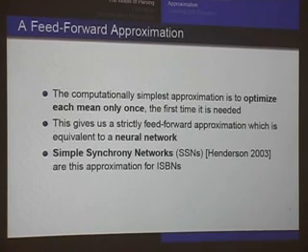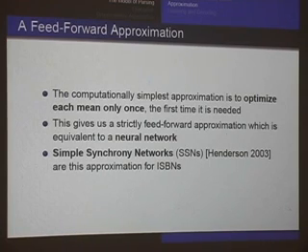Okay, so that's the mean field approach. That's also too complicated because in general, every time you see a new visible variable, you need to update the means for the entire structure, which can be expensive. So the first approximation we look at is the most efficient possible one: for every variable, you only compute its mean once. The first time you need that variable to compute a probability, you estimate its mean, and then you never update it again.